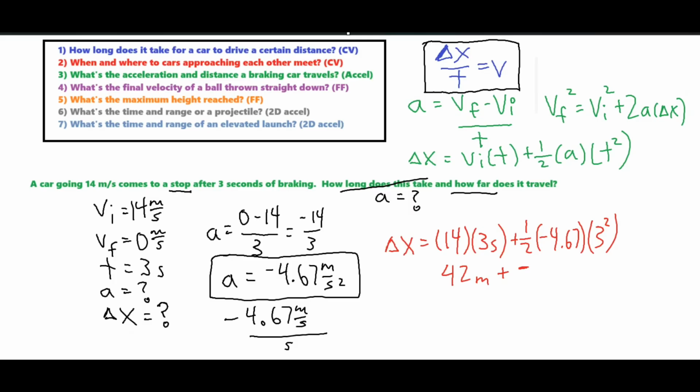And then if I do 0.5 times 4.67 times 3 squared, which is basically 9, I get negative 21.015. Let's round that to 21.02. And then we're going to subtract those, and we have our final delta x value of 20.98.